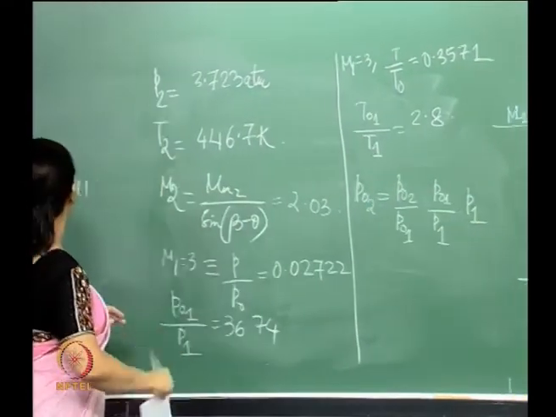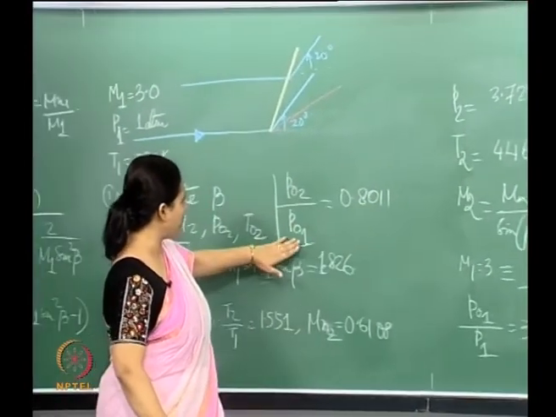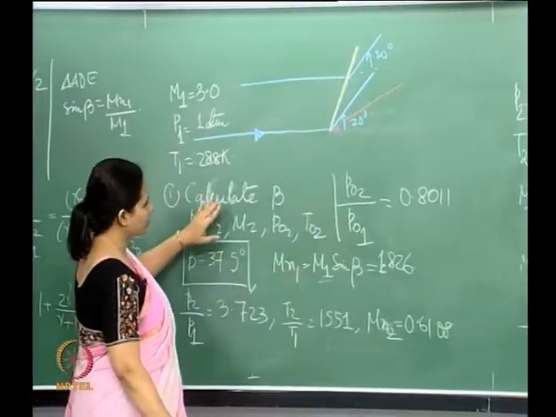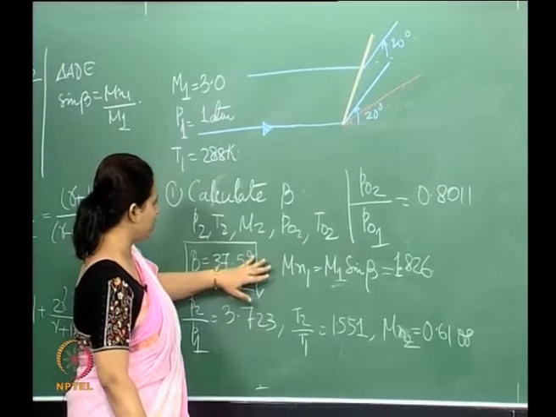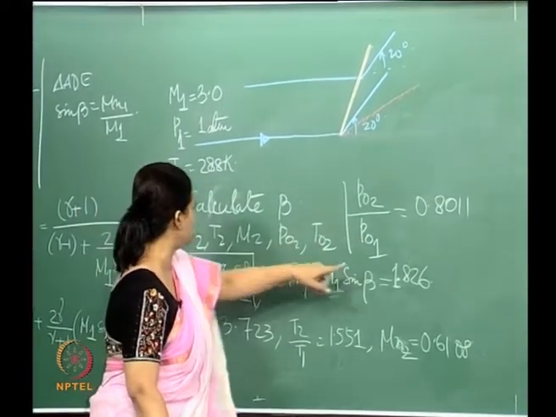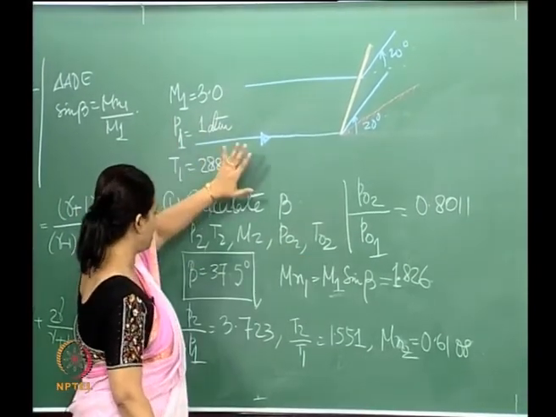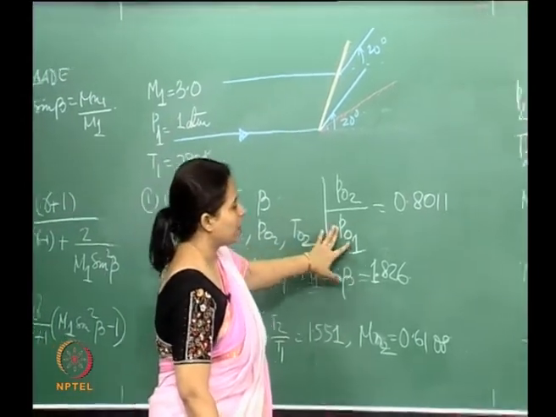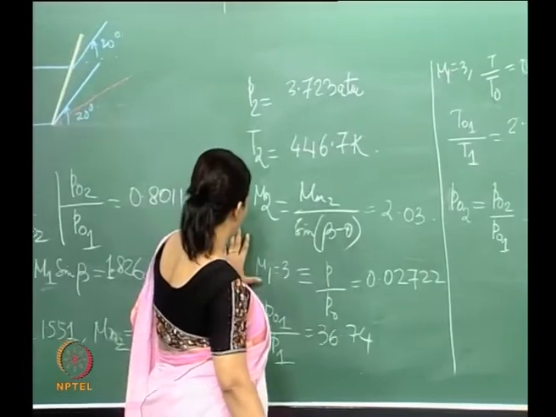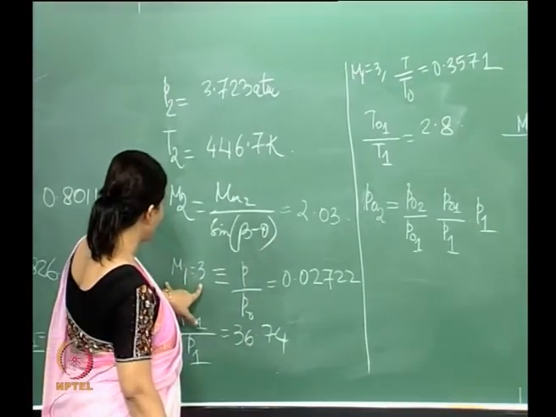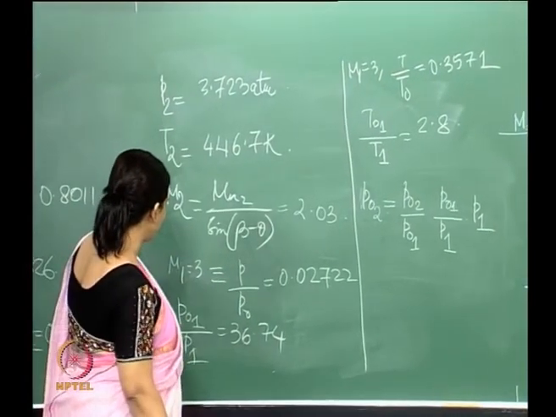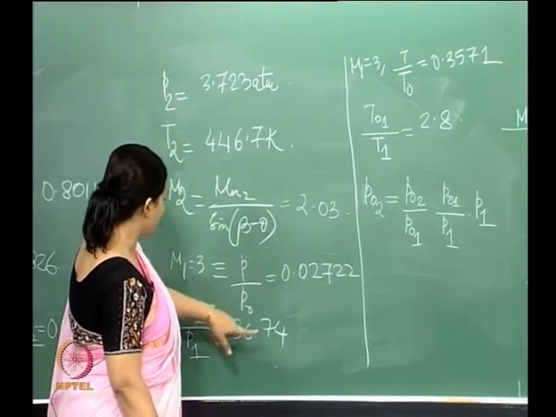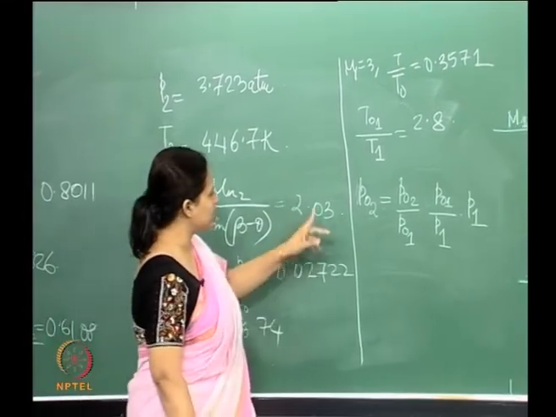This is something that we were able to find out corresponding to Mn1, and then using corresponding M1, we were able to find these. These are the stagnation conditions.